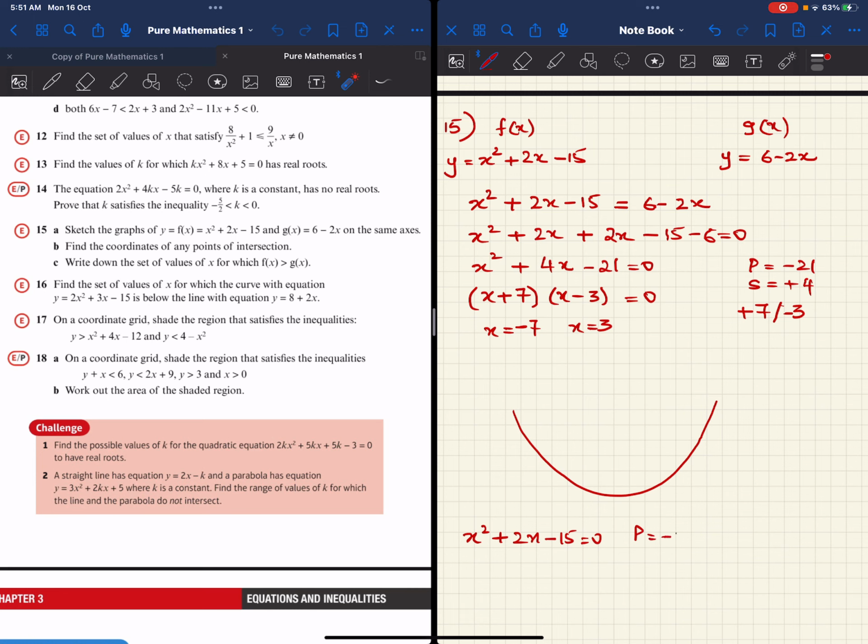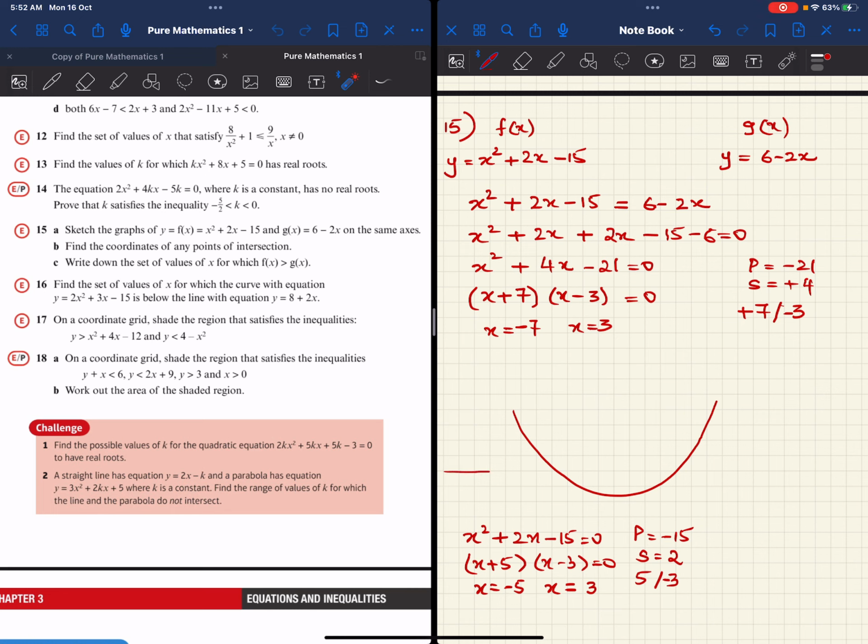Product is negative 15, sum is 2. So 5 threes are 15. I have x plus 5 into x minus 3 is equal to 0. Therefore, x is equal to negative 5 or x is equal to positive 3.